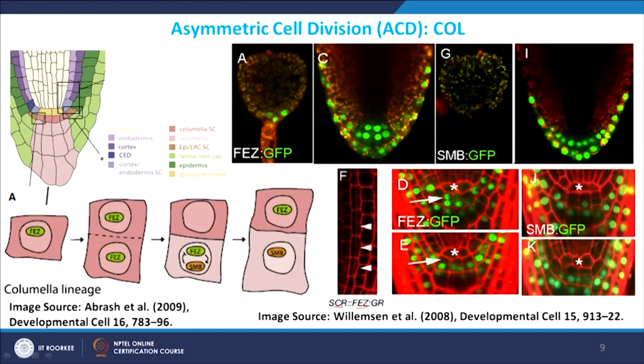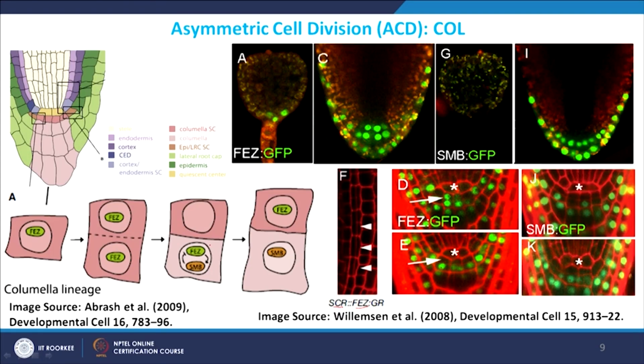So, if you combine all these expression patterns and mutant phenotypes, there is a regulatory mechanism. At the very early stage, FEZ is activated in these cells, then these initial cells undergo cell division.